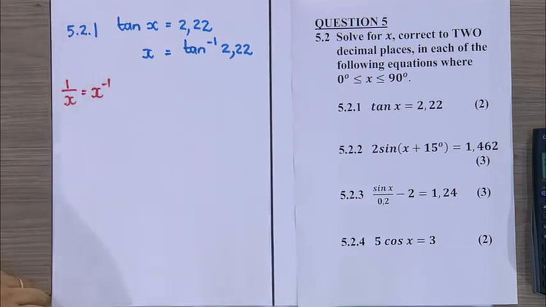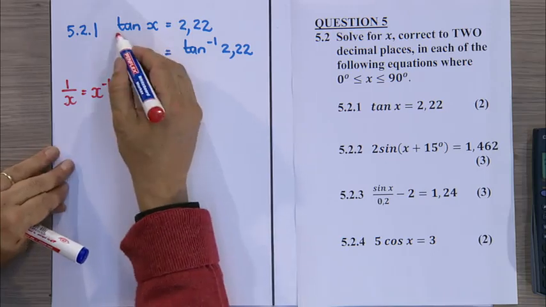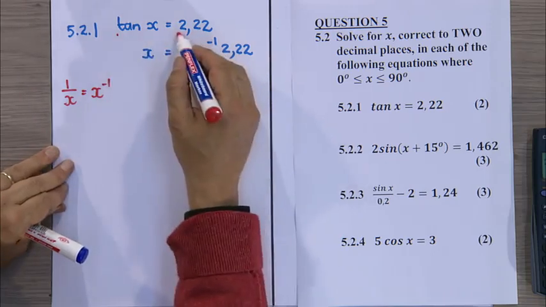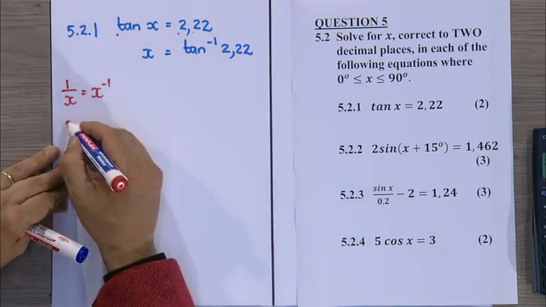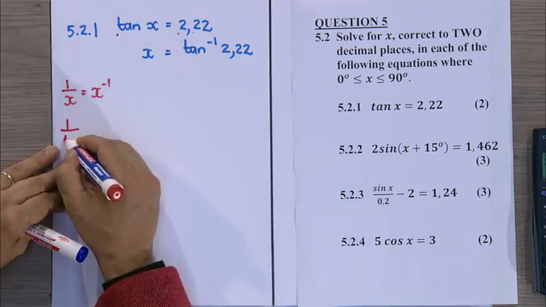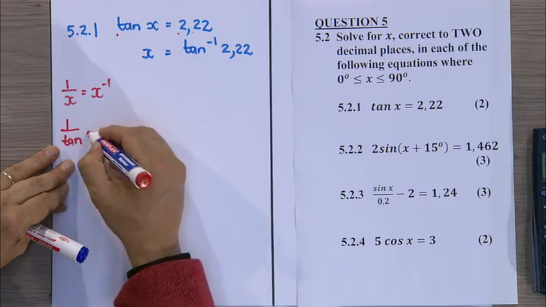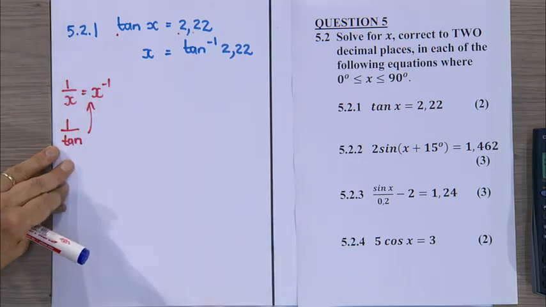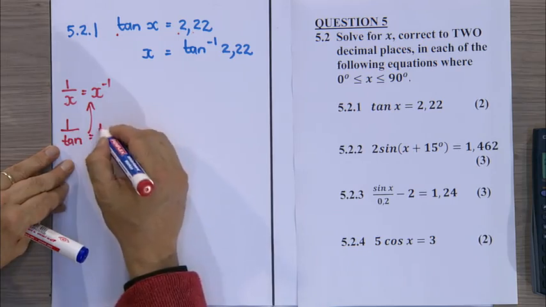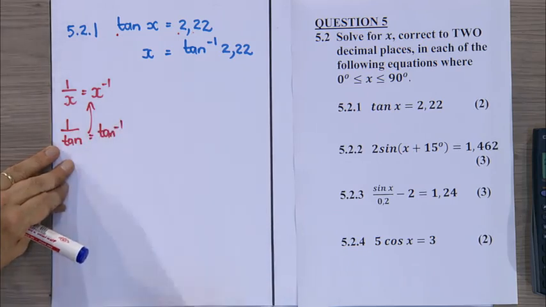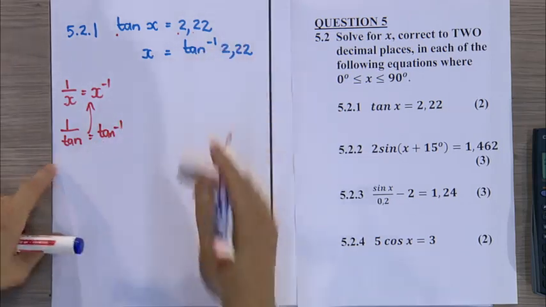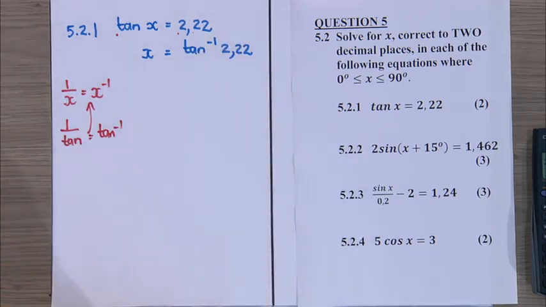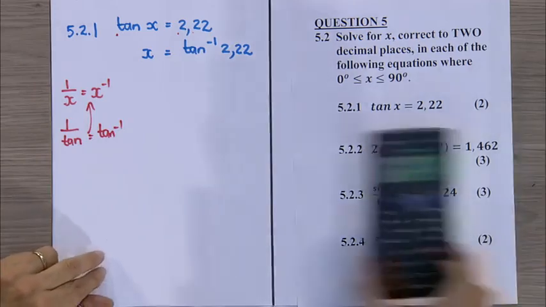So are you with me? If I have to get rid of tan, I divide both sides by tan. And if I have 1 over tan, can you see how this works? So that becomes tan to the power of minus 1. So it's just a definition to show you how we got to that. And from there, back to our calculator.